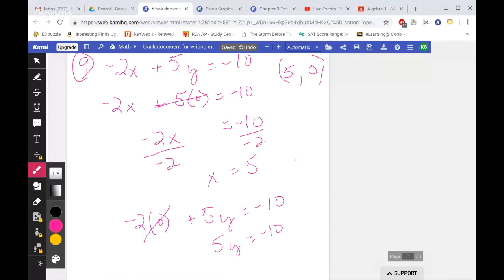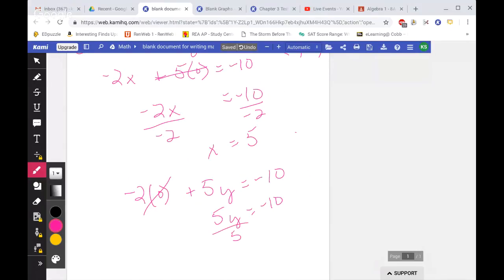That becomes 0. Divide both sides by 5. And y equals -2.